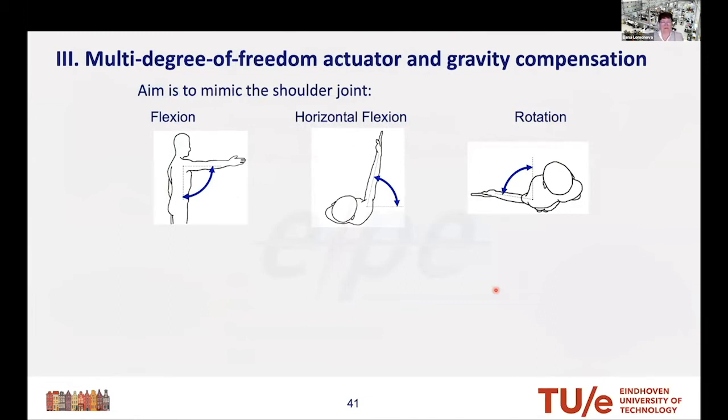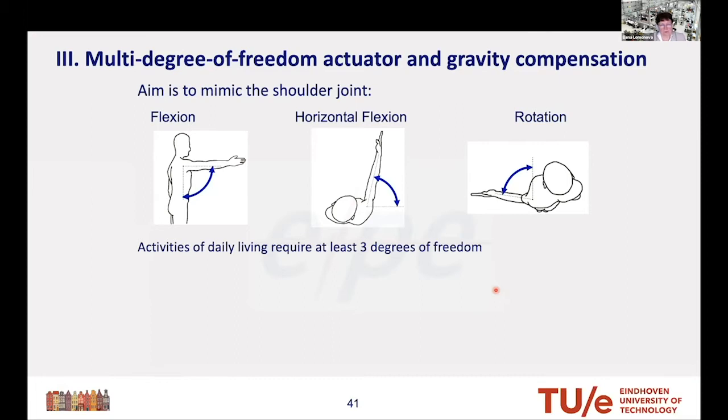The third example, very short, is the realization of the actuator and the gravity compensator for a so-called multi-degree of freedom actuator and gravity compensation for the arm, shown for the joint of the arm for assistance of the arms of disabled people, and the actuator should provide the movement in flexion, horizontal flexion, and rotation.